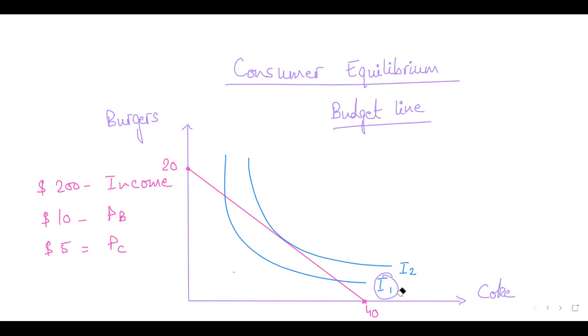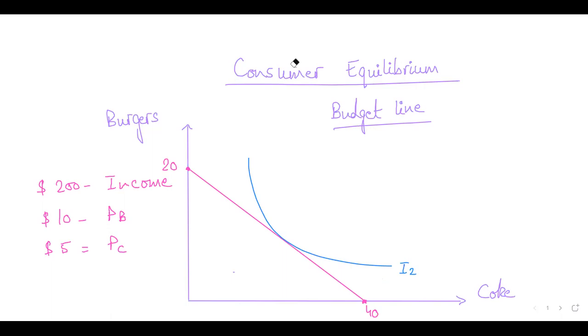Now we're left with 2 indifference curves, I1 and I2. Out of I1 and I2, which is more preferred? We know the one that is to the right is more preferred. So we skip indifference curve 1, which leaves us with indifference curve 2 only. Because, as Preet said, indifference curve 2 will give you higher utility compared to indifference curve 1.